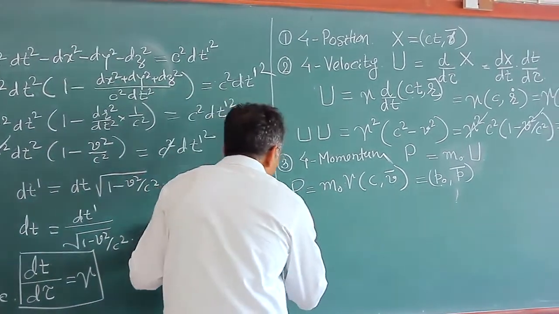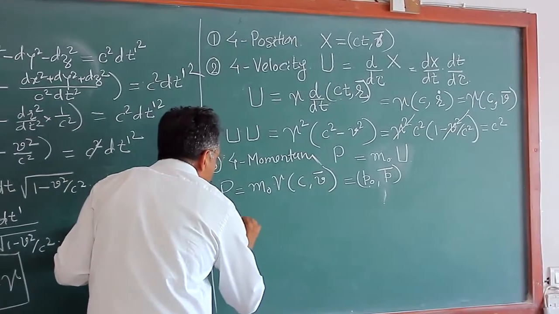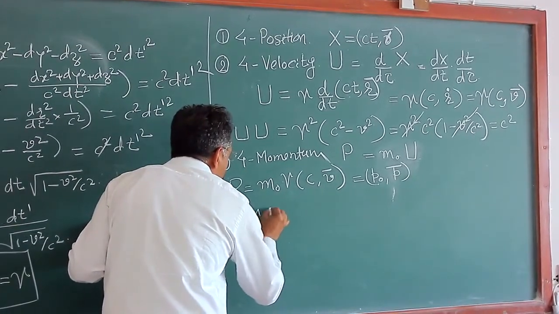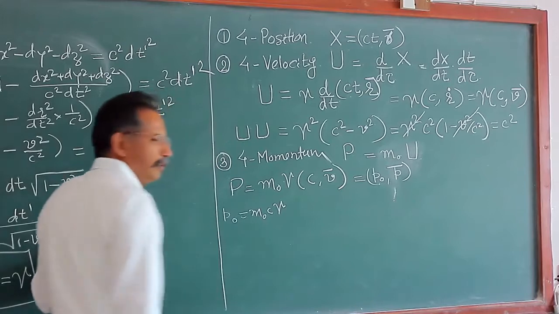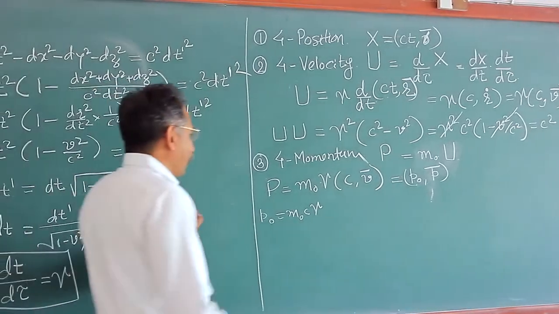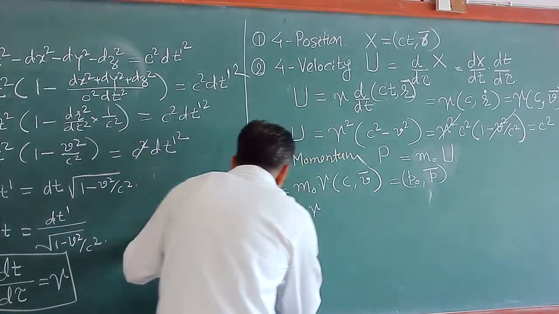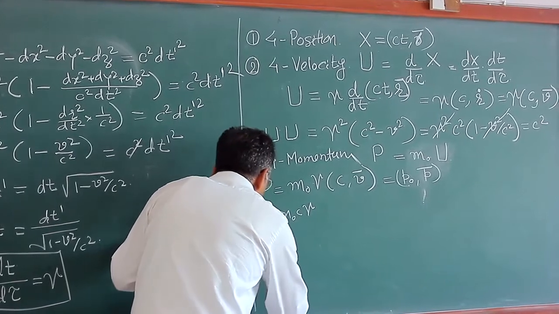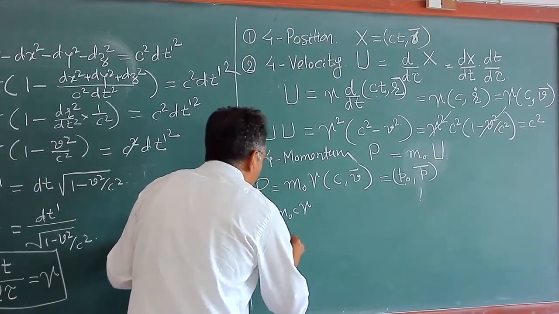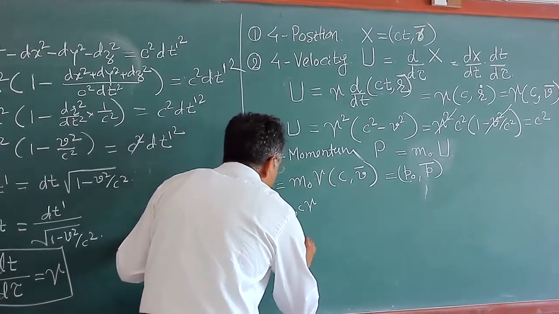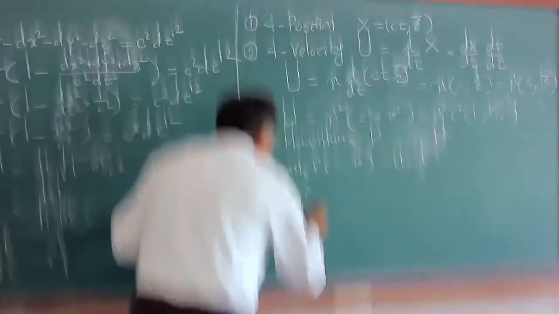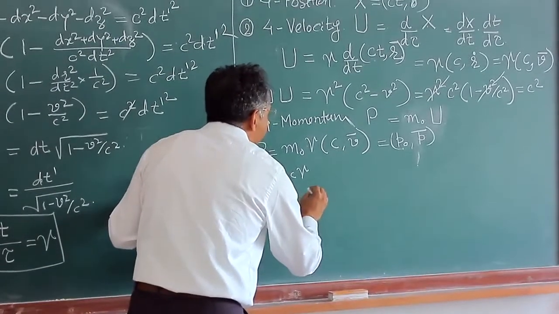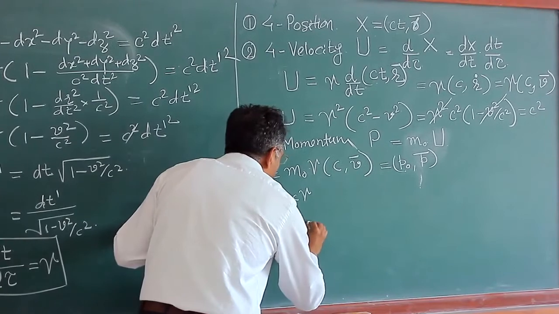So P0 is m0 c times gamma, and P bar is your usual momentum, m0 gamma into v bar.